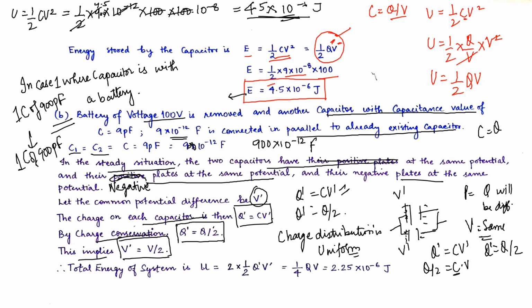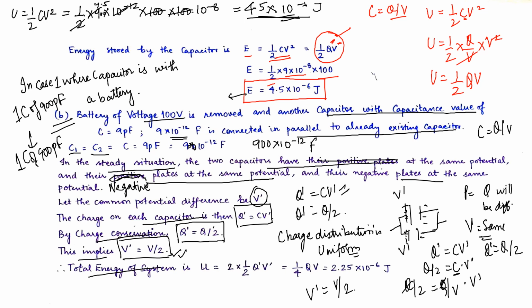C equals Q upon V, right? So Q upon 2 equals Q upon V into V dash. Then this Q and this Q will cancel and V dash will be equal to V upon 2. Hence we get V dash equals V upon 2.